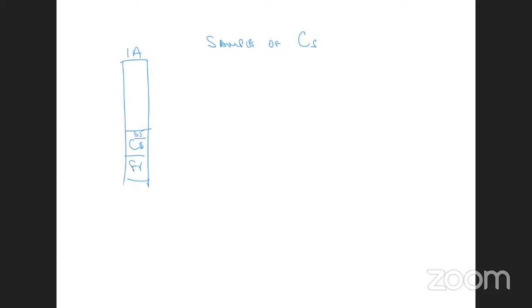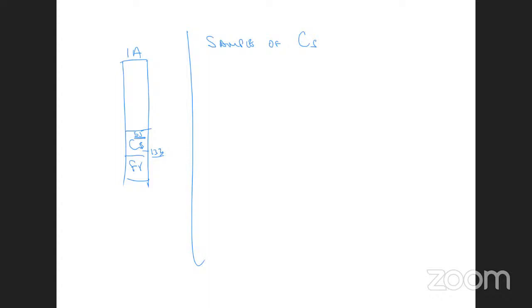That means 55 protons are there. Then if you know the mass, which is about 133, the difference between 133 and 55 would give you the number of neutrons. Okay, that's not what I'm trying to tell you here. A sample of cesium has 3 types of isotopes.